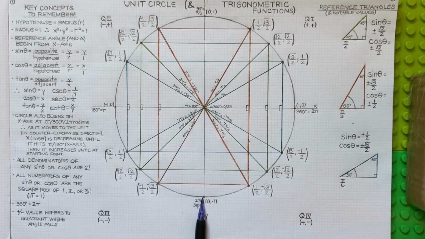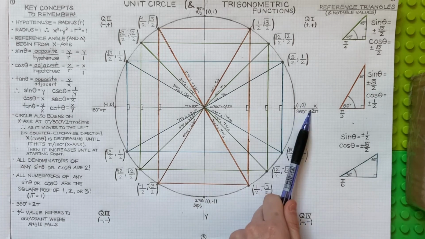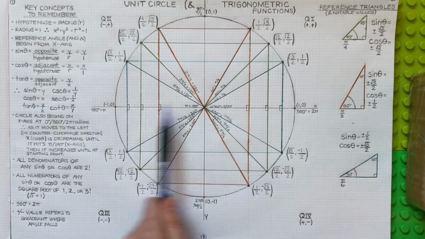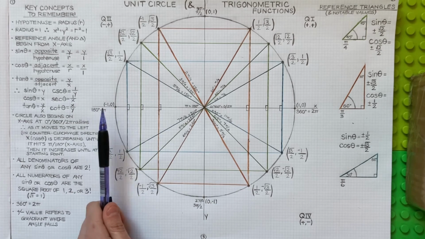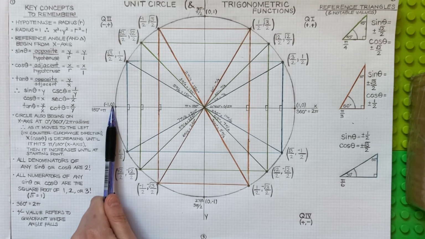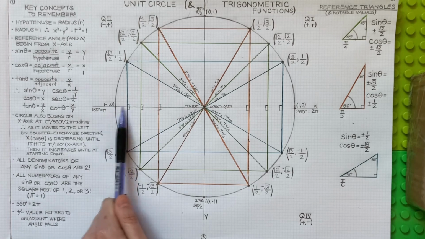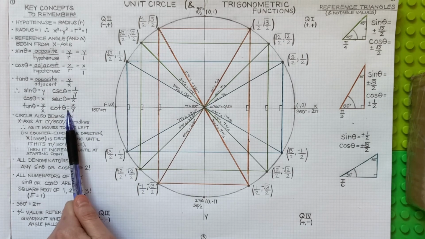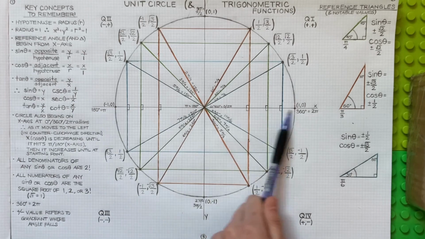So the cotangent of these are going to be 0. And just like the y-axis, over here on the x-axis, one will be defined and one will be undefined. Because the y value is 0 in this case, the cotangent will be undefined and the tangent will be equal to 0.